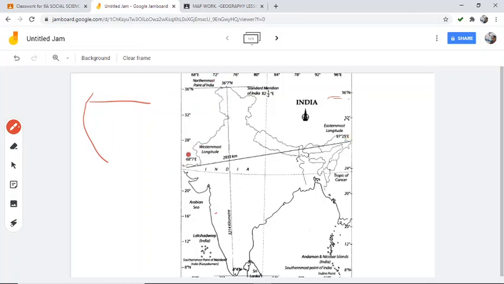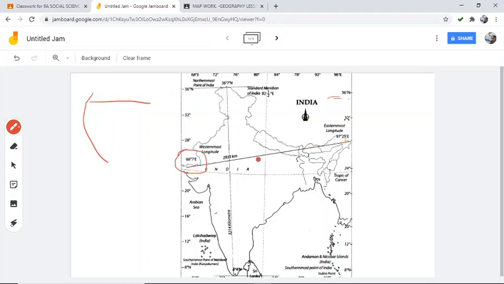On the western side, first you see, westernmost longitude of India is 68 degrees 7 minute east longitude. You should mark it here. You can see one line passing from here to here.